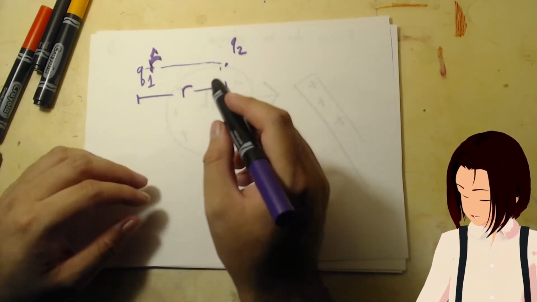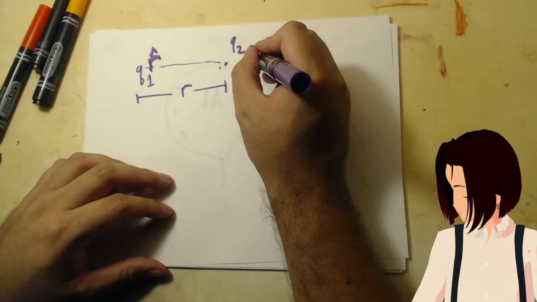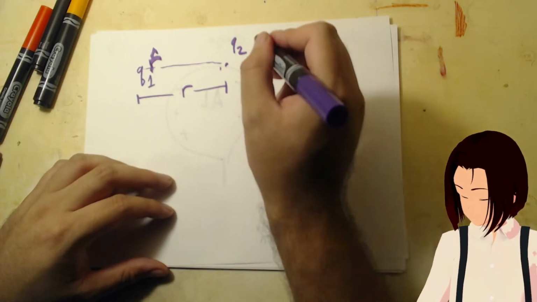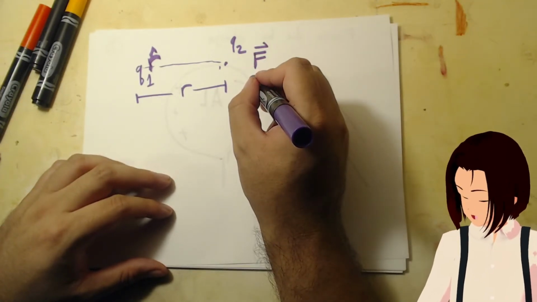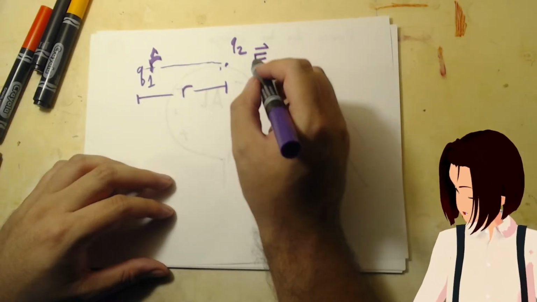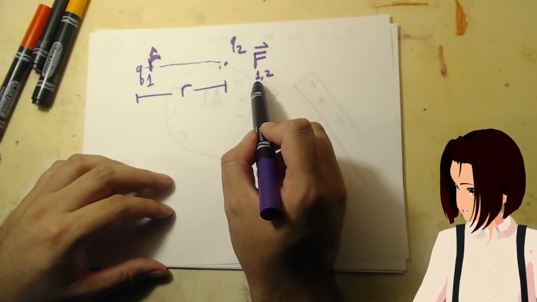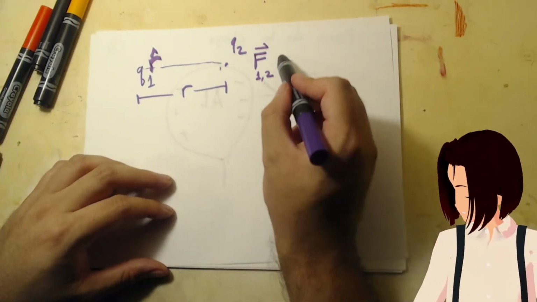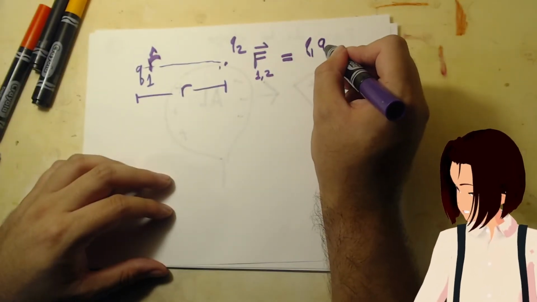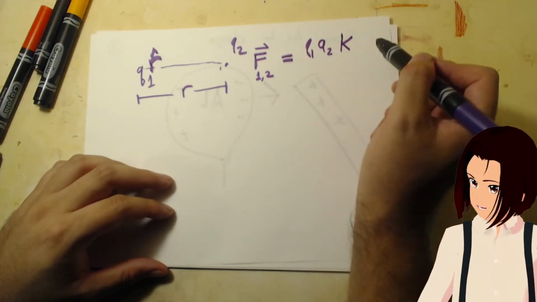And we can write that relationship as the force on charge 2 due to charge 1. The force on charge 2 due to charge 1 is equal to charge 1, charge 2 times a constant.